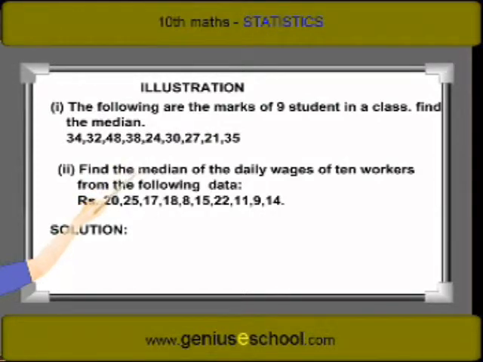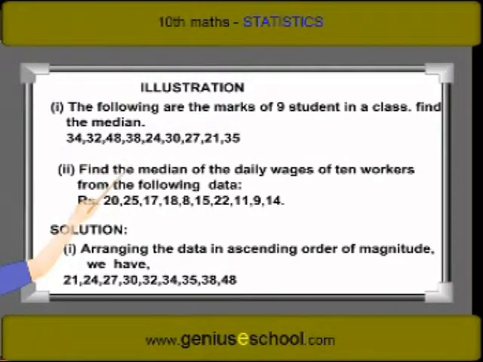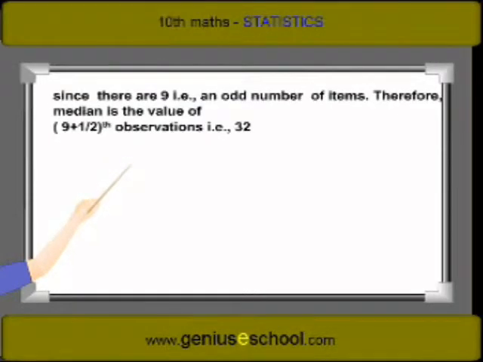The first solution is: arrange the data in ascending order of magnitude. We have 21, 24, 27, 30, 32, 34, 35, 38, 48. Since there are 9, that is an odd number of items, the median is the value of the (9 plus 1) by 2th observation, that is 32.